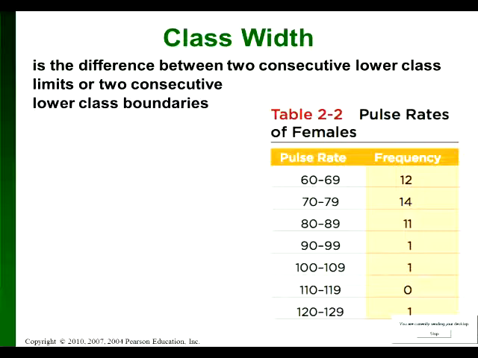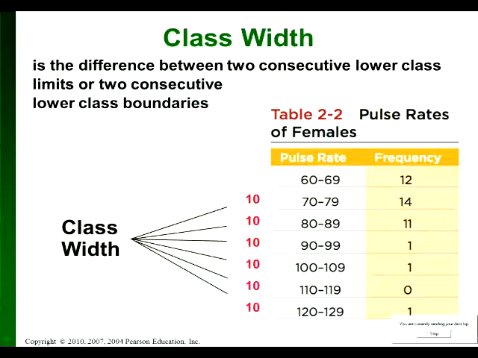As if I were tallying up grades on a test, I would use 90 to 100 for one class and 80 to 89 for another class, 70 to 79 for another class. Each of those would have a class width of 10 points. Class midpoints are smack in the middle of each class, so you're going to have the same number of class midpoints that you have classes.